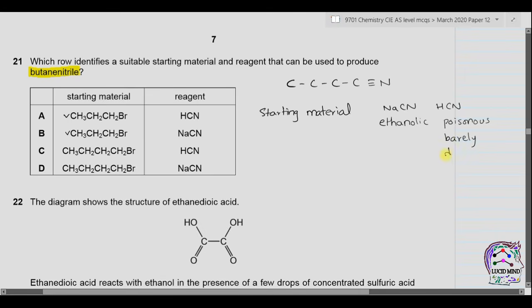It is barely dissociated into ions, while NaCN dissociates into Na+ and CN- readily. So therefore the answer should be NaCN. So the answer is part B.